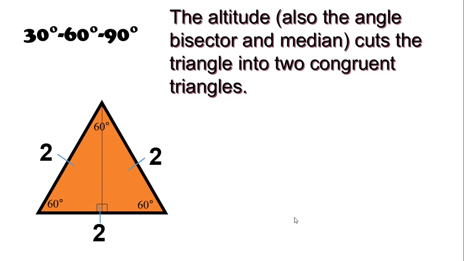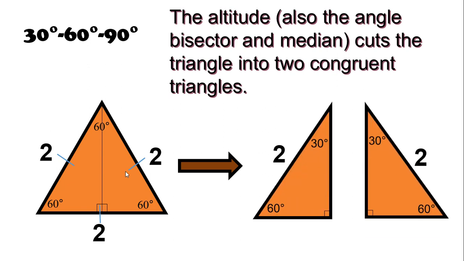The altitude cuts the triangle into congruent triangles. So if we cut this triangle, this will form two congruent triangles. The only difference is that this side and this side will become 1. And if we combine them, that also results in 2.